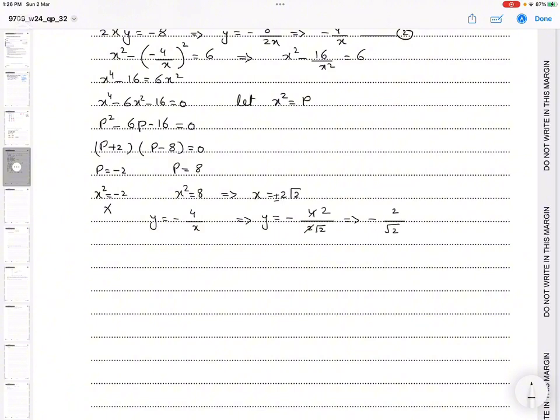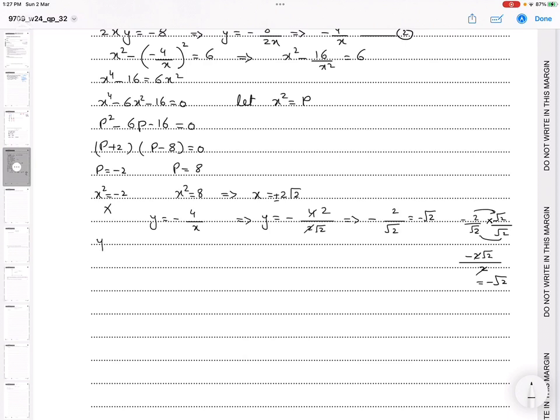Now rationalize it. Negative 2 over root 2, when you rationalize it, you multiply it by root 2 divided by root 2. So you multiply minus 2 with root 2, you get minus 2 root 2, and you multiply root 2 times root 2, which is 2, and cancel this. So finally you get negative root 2. This is your y value.